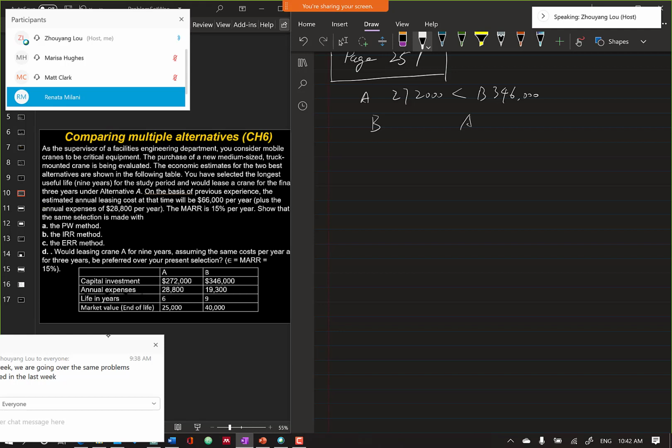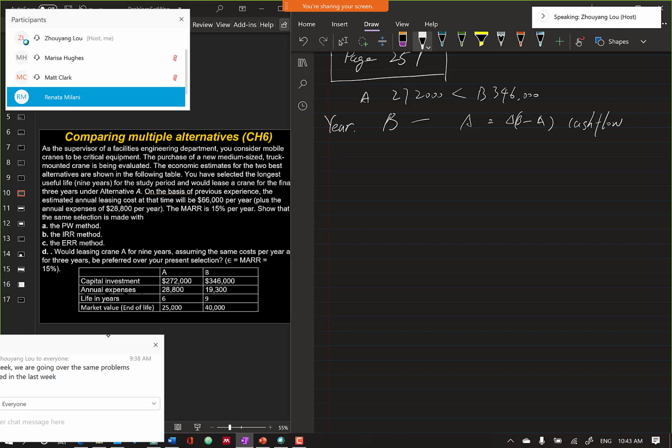So project B compared with project A. Okay, and we want to get the incremental cash flow between B and A. Since for the IRR method, we're going to use the net expense or net revenue, it's good to do that.